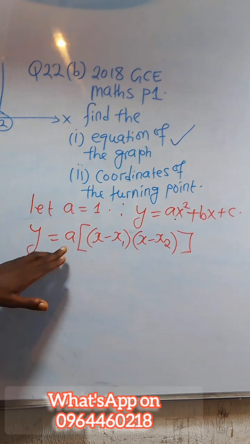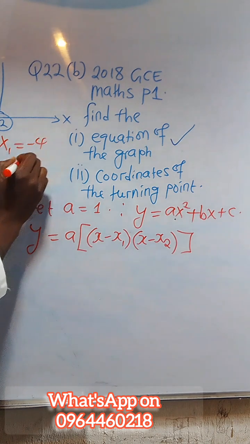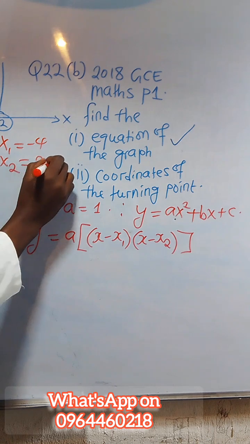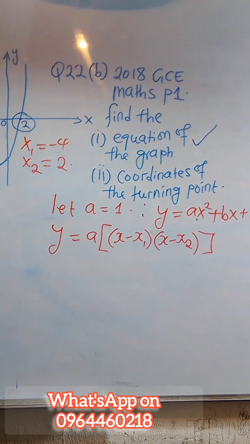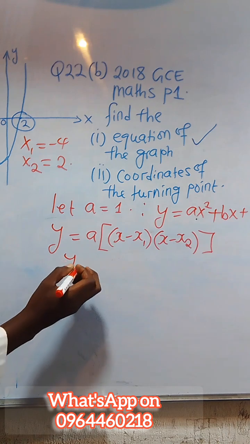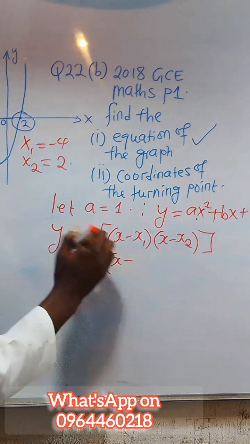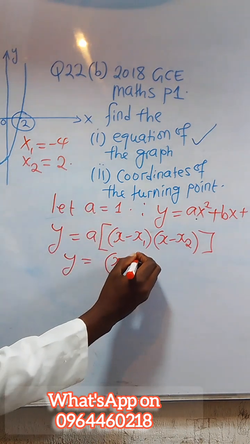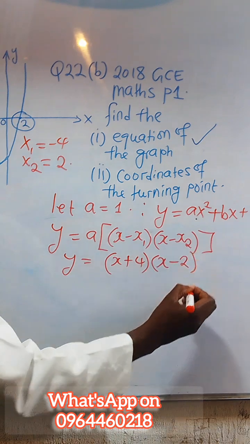Because we know that a is 1, we say x1 is equal to -4 and x2 equals 2. So from there we can plug in these values: y is equal to (x minus -4), so that will be +4, close the bracket, times (x minus 2).